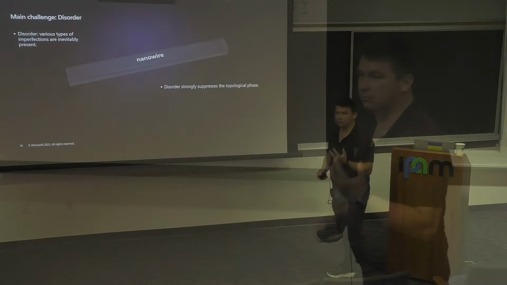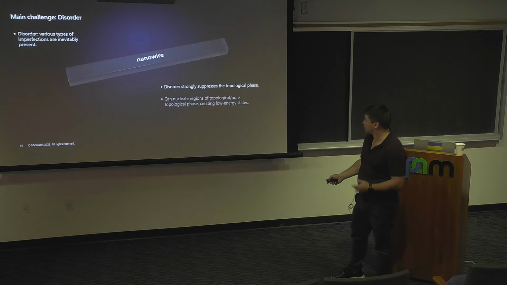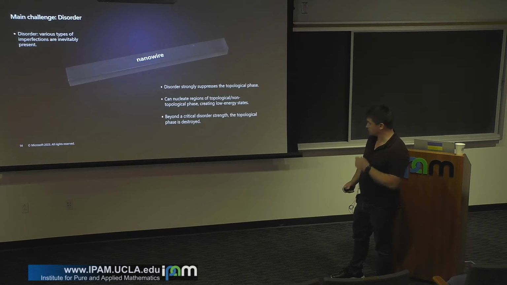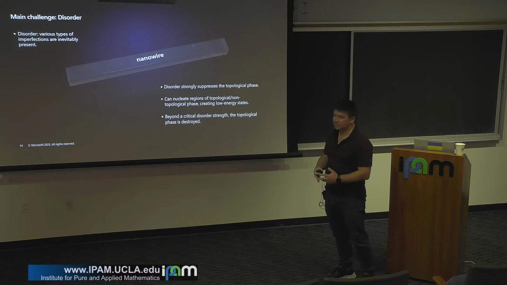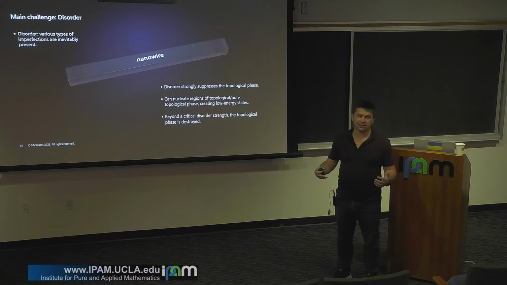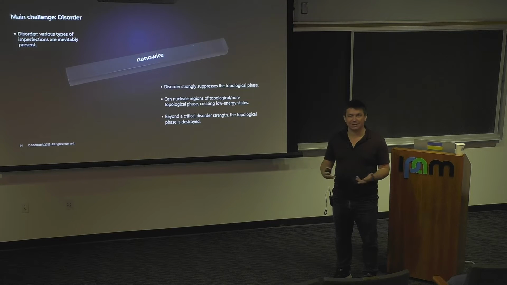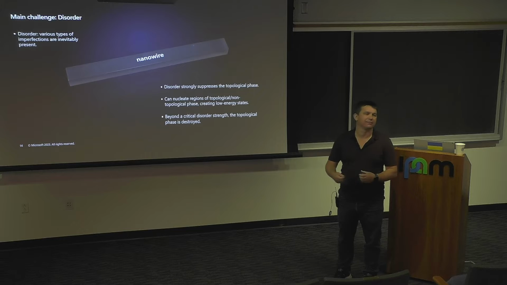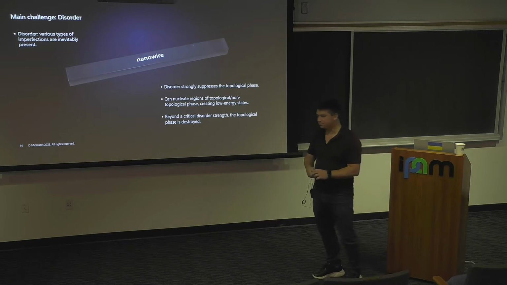That's the real challenge that we've overcome, and I'll show you how we've done it. The reason disorder is so detrimental is because it nucleates topological and non-topological regions and essentially generates low energy states and fractionalizes the wire into small pockets of trivial and topological states, and therefore you lose its effective non-locality between one end of the wire and another.